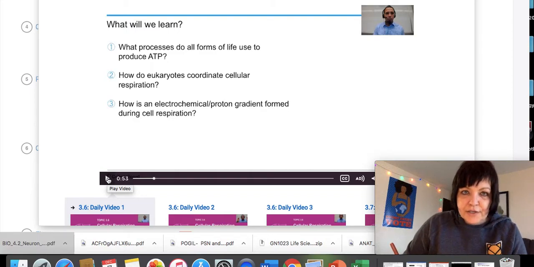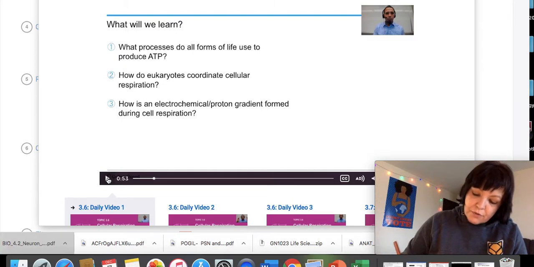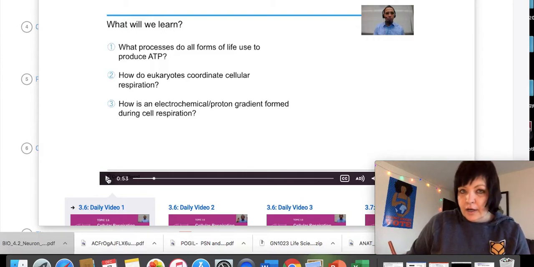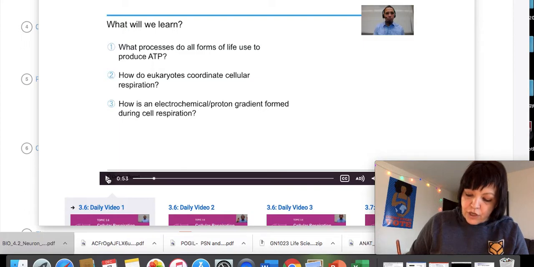What processes do all forms of life use to produce ATP? I'm going to go quick because I'm just going to say processes to make ATP. Then eukaryotic, remember eukaryotes are the ones with nuclei, and they're like us.